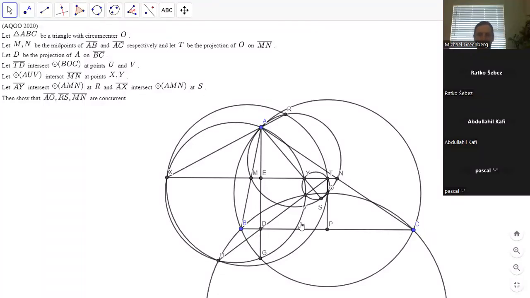We drew AUV. So AO would be a diameter of this circle.